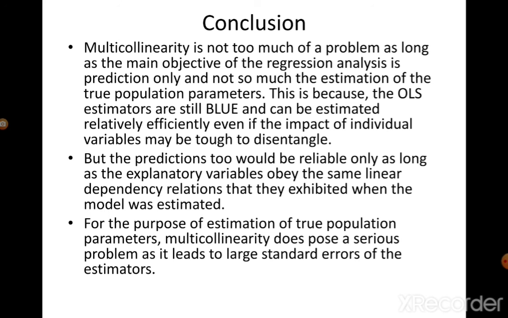So like I said, even if you have multicollinearity in your sample, the estimators that you calculate based on the OLS method or the ordinary least squares criterion will still be BLUE. They'll be linear, they'll be unbiased, and in the entire class of linear unbiased estimators, these will have the minimum variance.